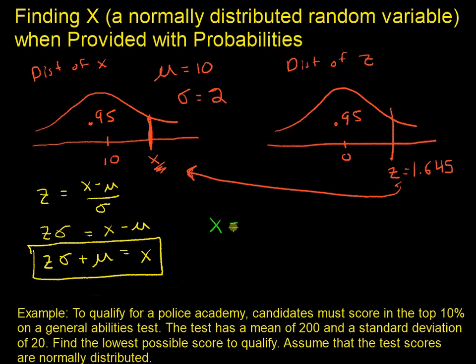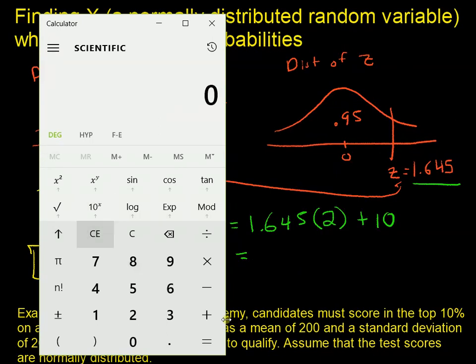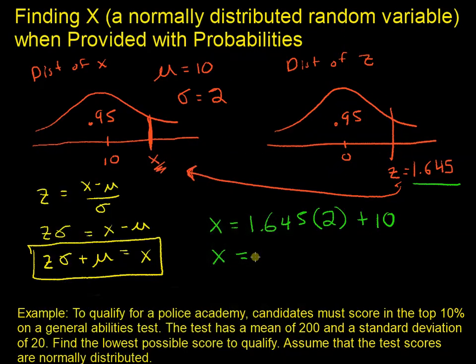So x is going to equal, the value of z is 1.645, the value of sigma is 2, the value of mu is 10. Let's pull out our calculator and clear it out. 1.645 times 2 plus 10 equals 13.29.